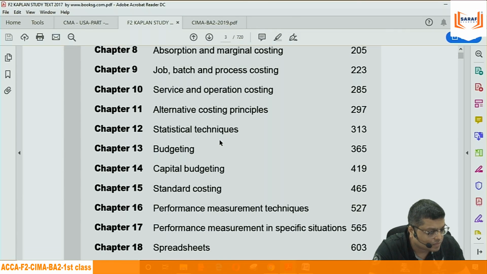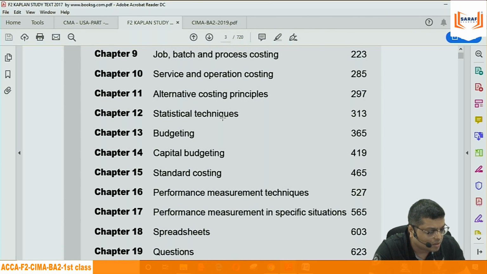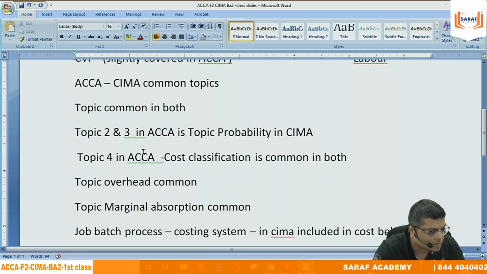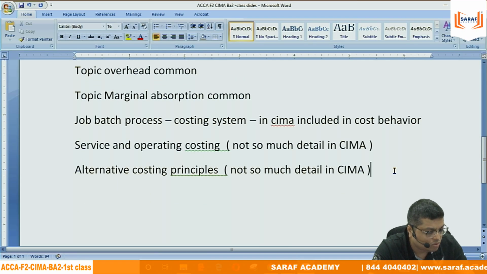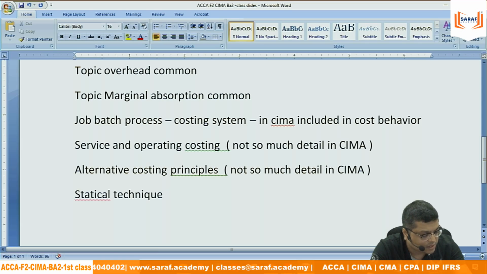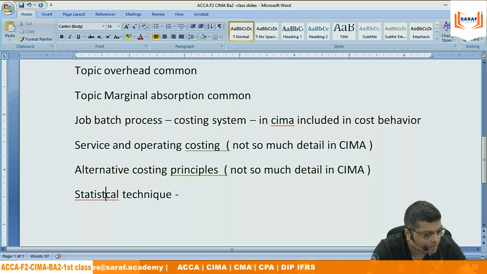Then budgets and standards. I should write statistical technique.